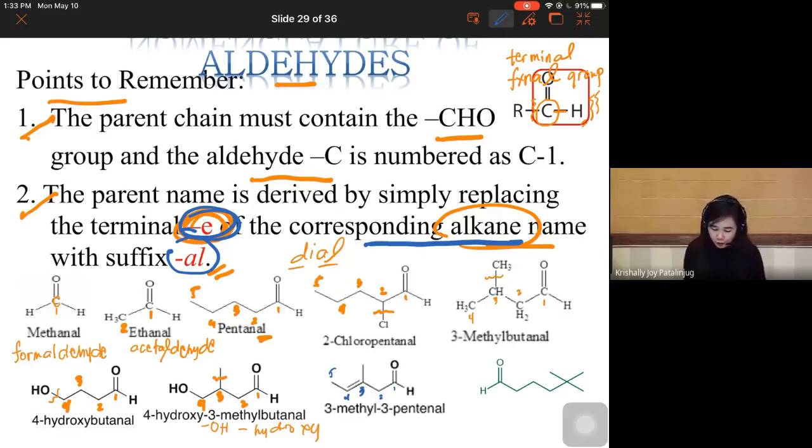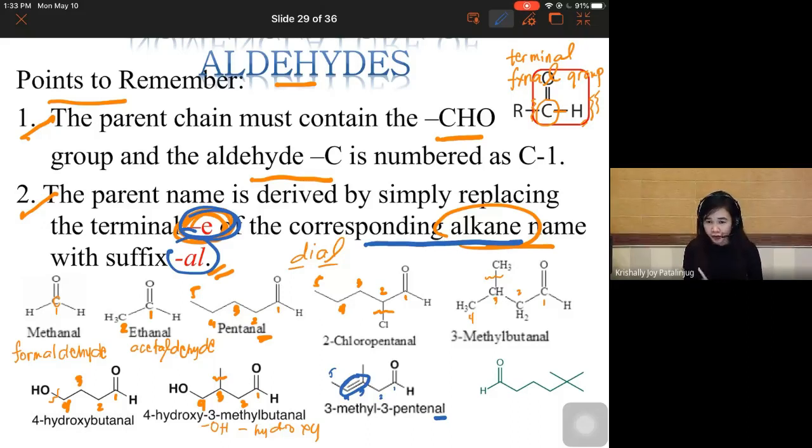Okay? But, you have to locate the double bond. Wala nimo gilocate ang position ng aldehyde group. But, remember, the double bond, as a less priority functional group, we have to locate asa ang double bond. Okay? So, nasa carbon 3.